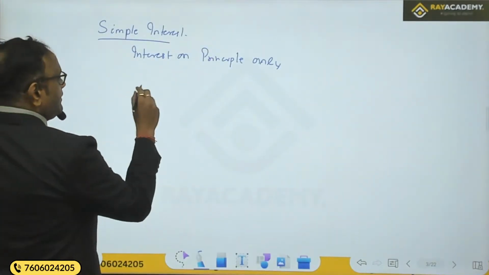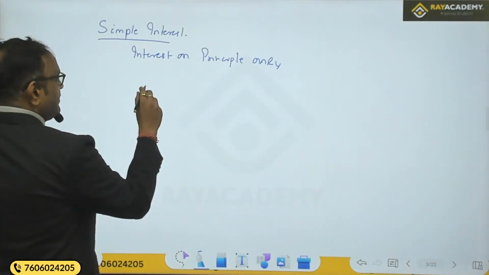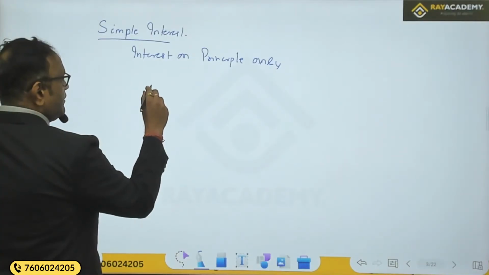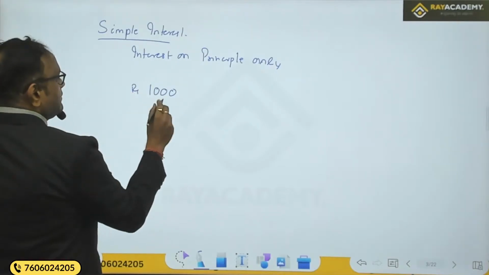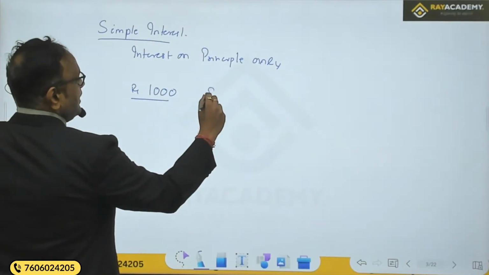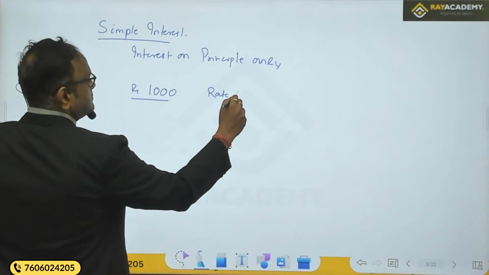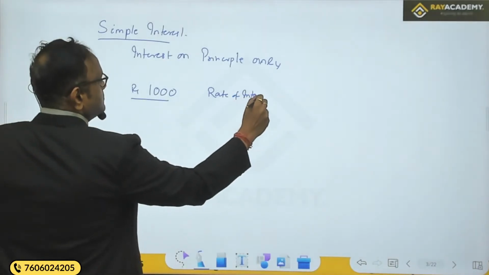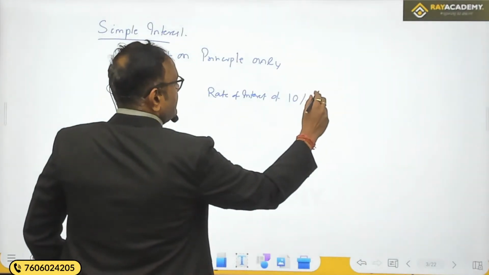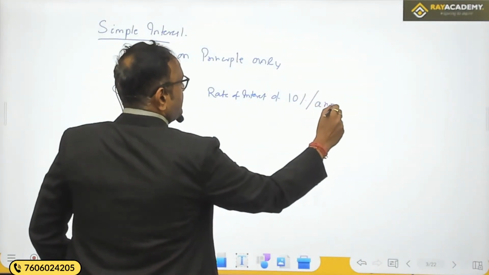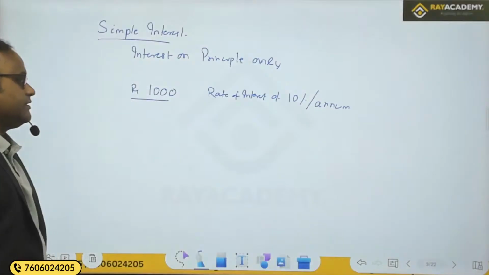Let's say you have given a loan of 1,000 rupees at a rate of interest of 10 percent per annum. Annum means per year.